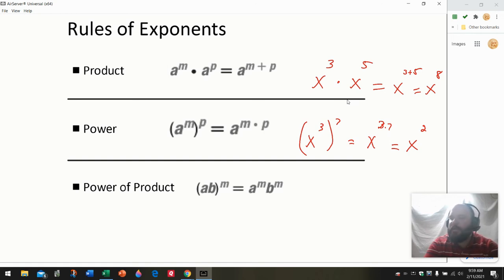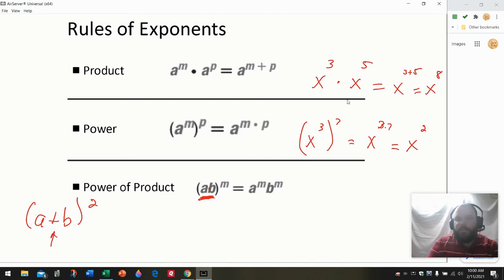I see it constantly with even my Algebra 3 students because what you have to notice is the A and the B on the inside are multiplying each other. And this holds true for multiplication and division, as you'll see in a second, but only multiplication and division. If we had something that said A plus B to the second power, for instance, you cannot do this formula because of the plus.